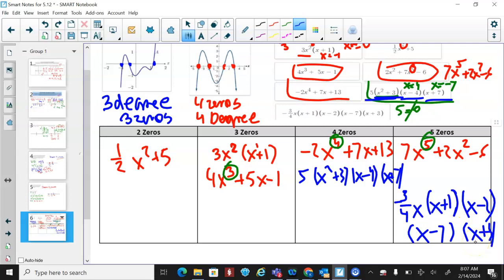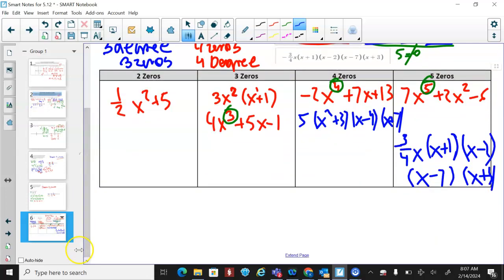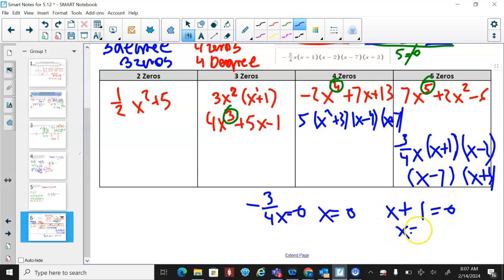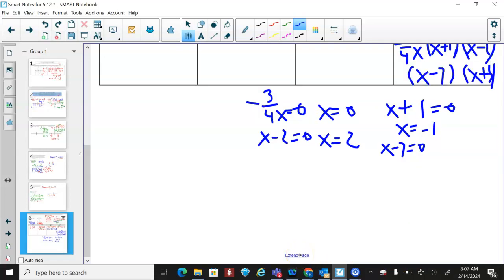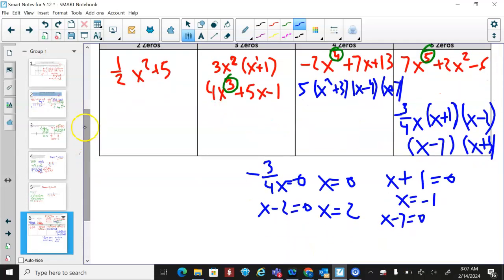So again, if I wanted to work it out, I could take negative 3 over 4x and set it equal to 0. x will equal 0. I would do x plus 1 equals 0. x will equal negative 1. I would have x minus 2 equals 0. x will equal 2. x minus 7 equals 0. x will equal 7.